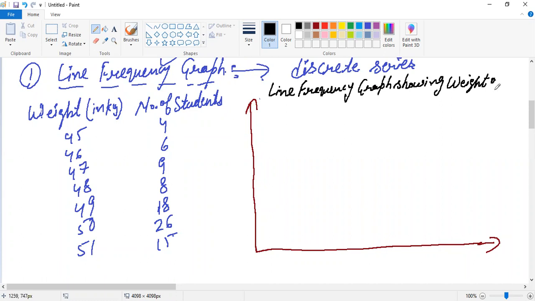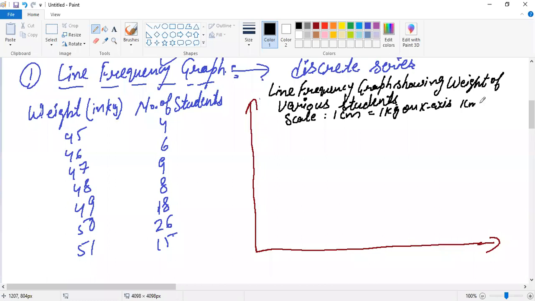And the scale we can choose is 1 centimeter equal to 1 kg on the x-axis, and 1 centimeter equal to 5 students on the y-axis.